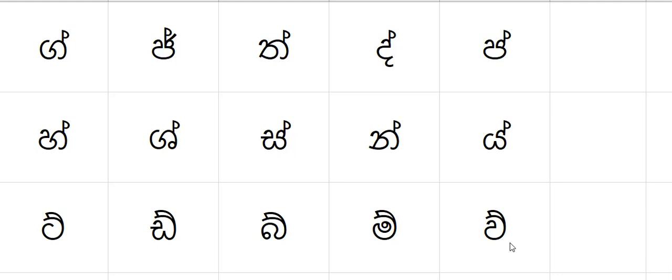Now you can see the letters at the bottom row. The ta, da, ba, ma, wa. When you lift the sound up, it's not the same symbol. So you will have to memorize this one because the letters at the top two rows, there's a flag like a symbol that you use, but at the bottom row, it's different.